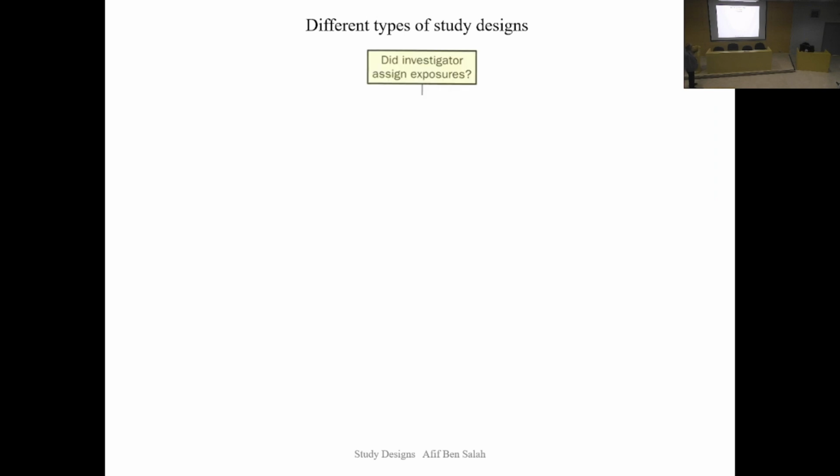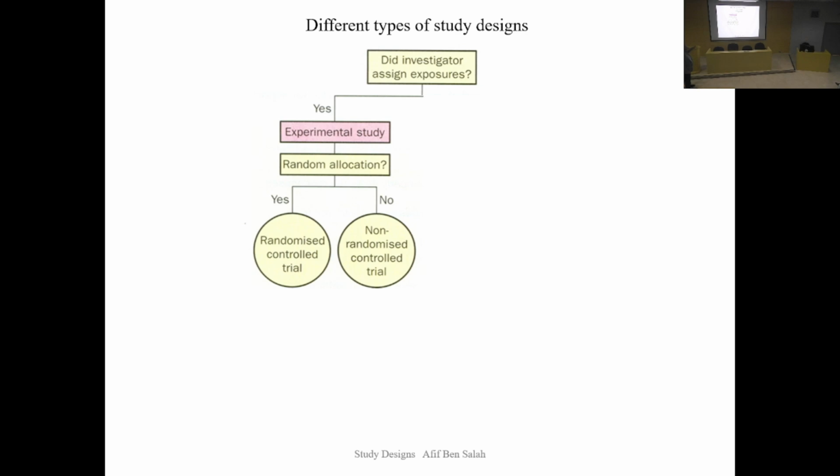There is also another graph that summarizes. I took this graph from The Lancet. You have heard of The Lancet, one of the very prestigious, well-known medical journals. So the first question, did the investigator assign exposure? Is he the one who gives the exposure, yes or no? If it is yes, it becomes an experimental study.